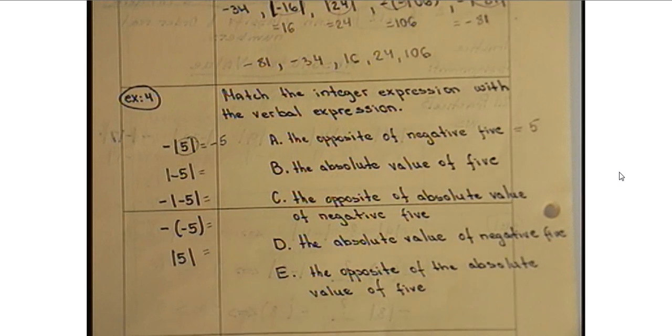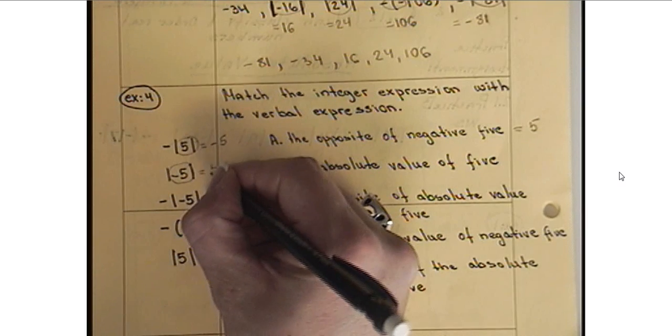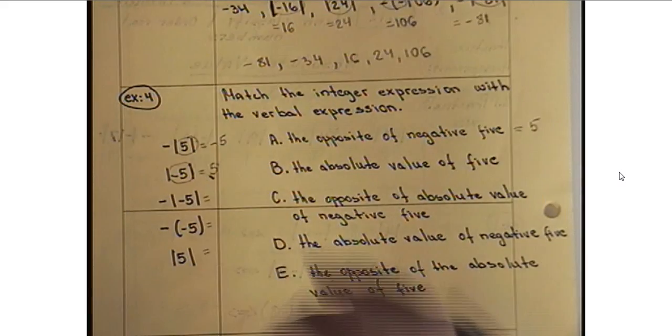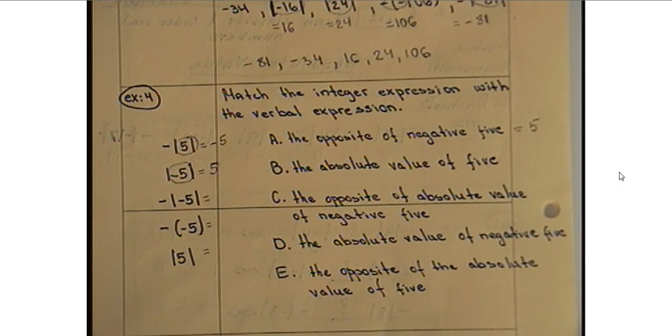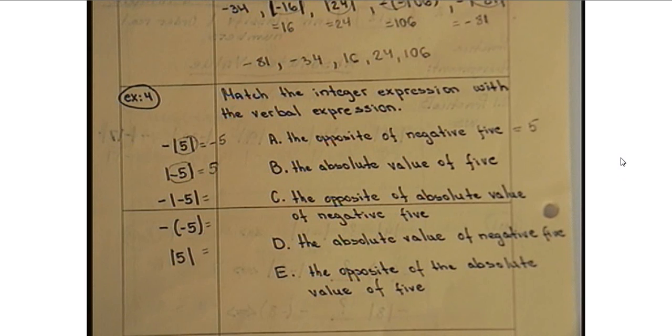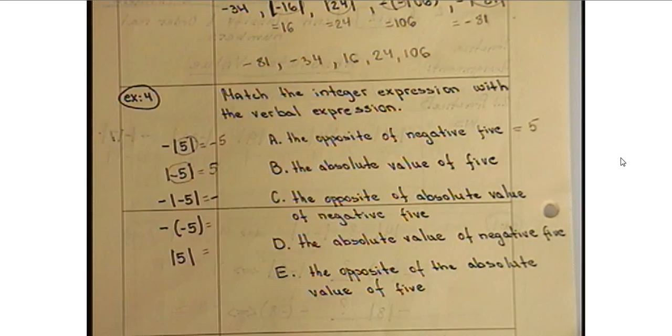But on the other hand, the absolute value of negative 5 is always just a number with no sign. There is no negative sign outside, so just positive 5. Negative of absolute value of negative 5. Well, we have another negative sign outside of the absolute value.